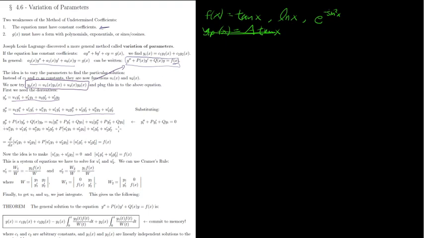Okay, so what happens is that this form here and this form here, the y1 double prime plus p y1 prime plus q y1, we're assuming that y1 and y2 are complementary solutions. In other words, they solve the homogeneous equation.